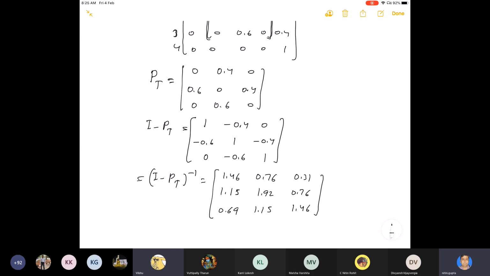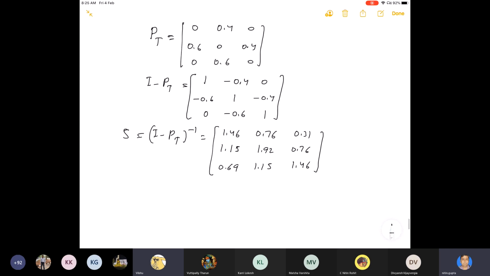So this is basically S. What we need is S23, with rows and columns 1, 2, 3. So S23 is 0.76 and S21 is 1.15.